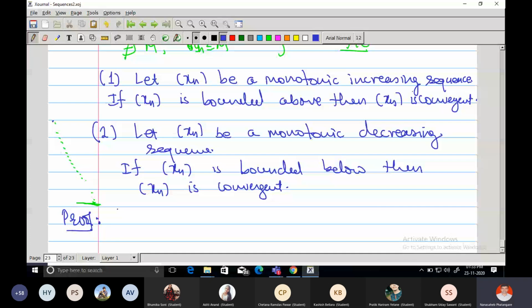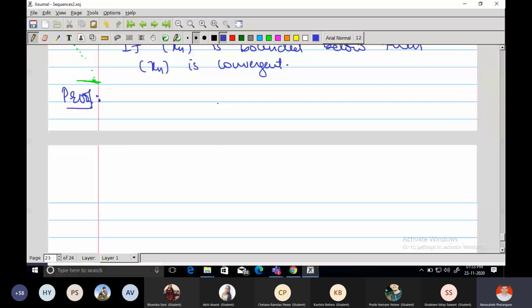At this point the proof is difficult, but anyway, we'll discuss it later on. But the statement is clear. Right. Now for some sequences, it is not easy to determine whether the sequence is increasing or decreasing. So there you need some more things.